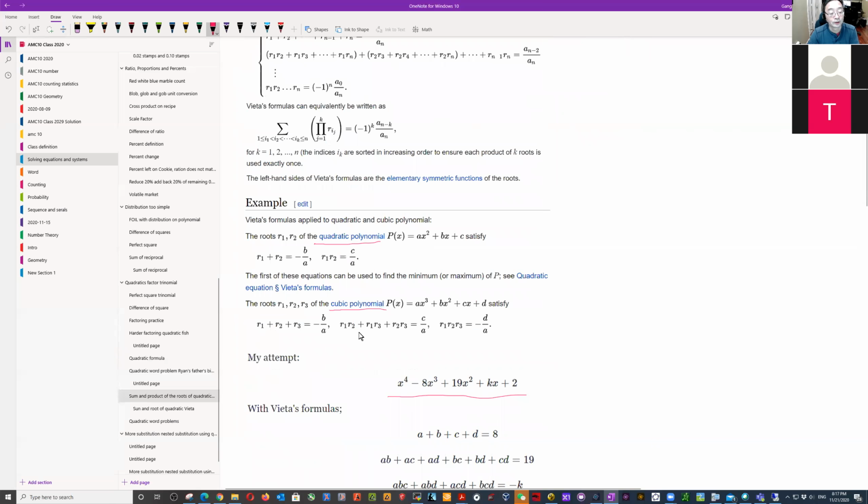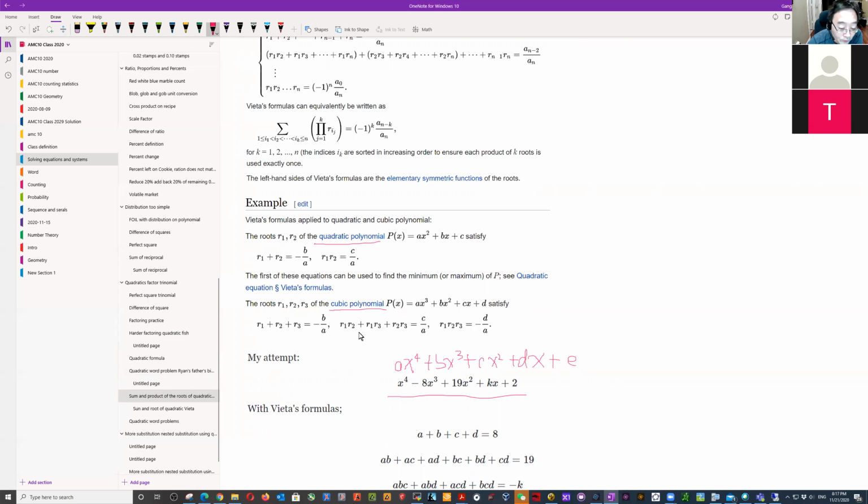For Vieta in a quadratic polynomial, the standard form is ax squared plus bx plus c. A cubic polynomial is ax cubed plus bx squared plus cx plus d. And a quartic is ax to the fourth plus bx to the third plus cx squared plus dx plus e.